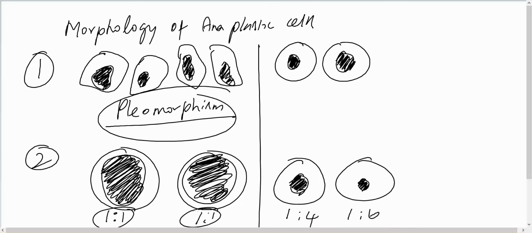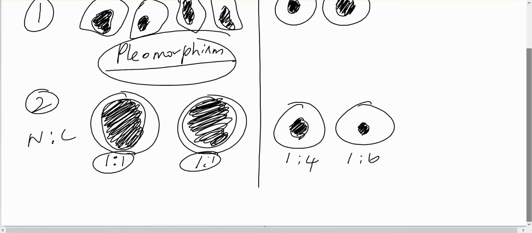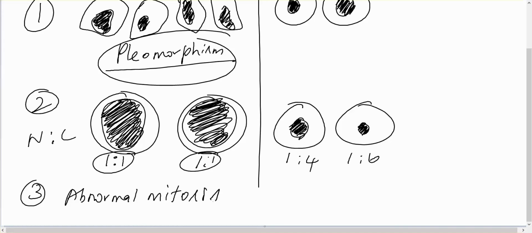The nucleus becomes dark, that is called hyperchromatic. And because they have more nuclear content, they go for abnormal mitosis. Abnormal mitosis means the cell divides into 3, 4, 5 like that. Normal cells have normal mitosis, they divide into 2 cells.